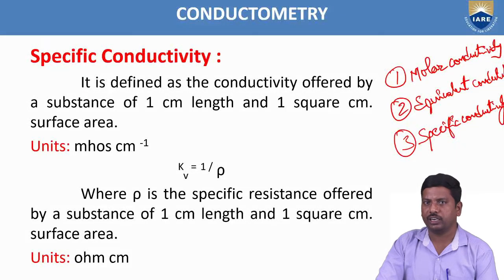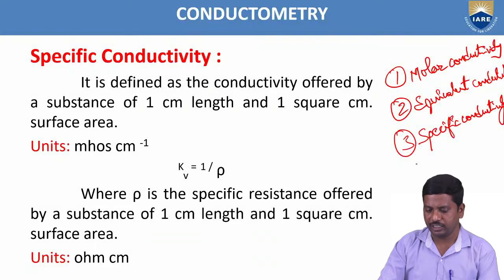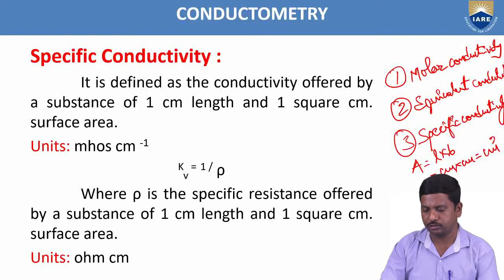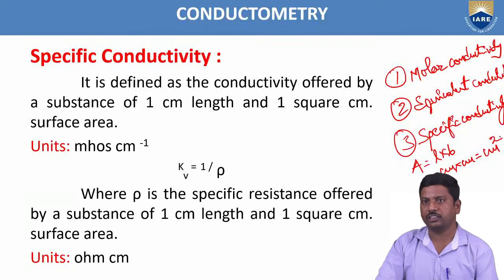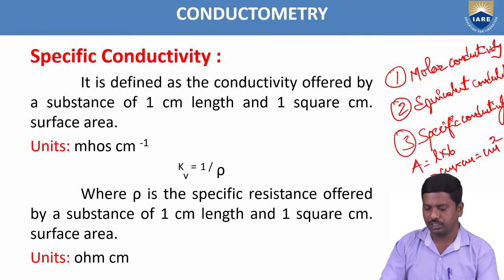What is specific conductivity? The conductivity offered by a solution having a square centimeter area. Area is equal to length into breadth, centimeter into centimeter, to get a square centimeter area. That means both length and breadth should be equal, so we consider a square.